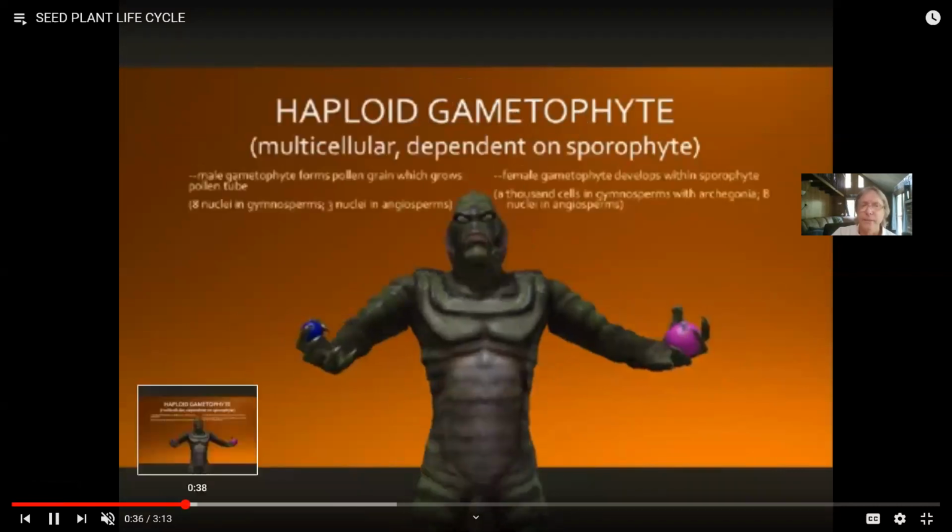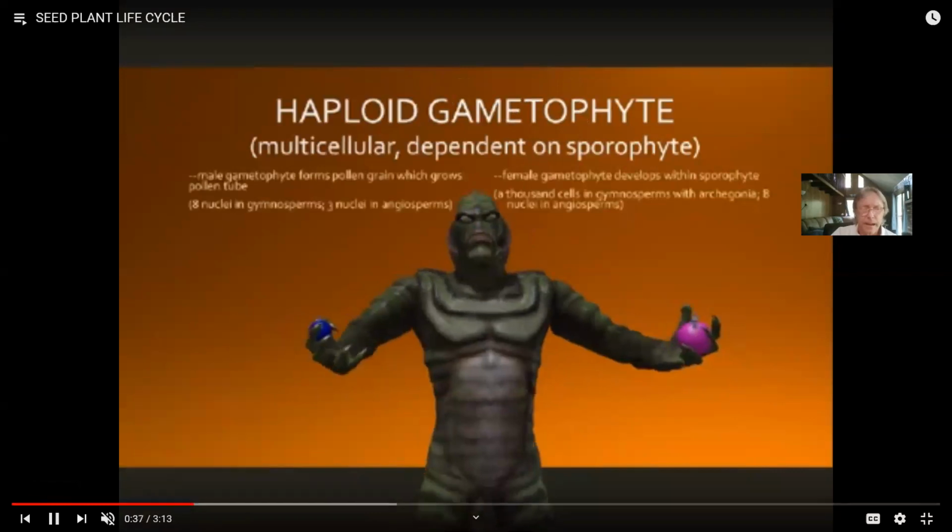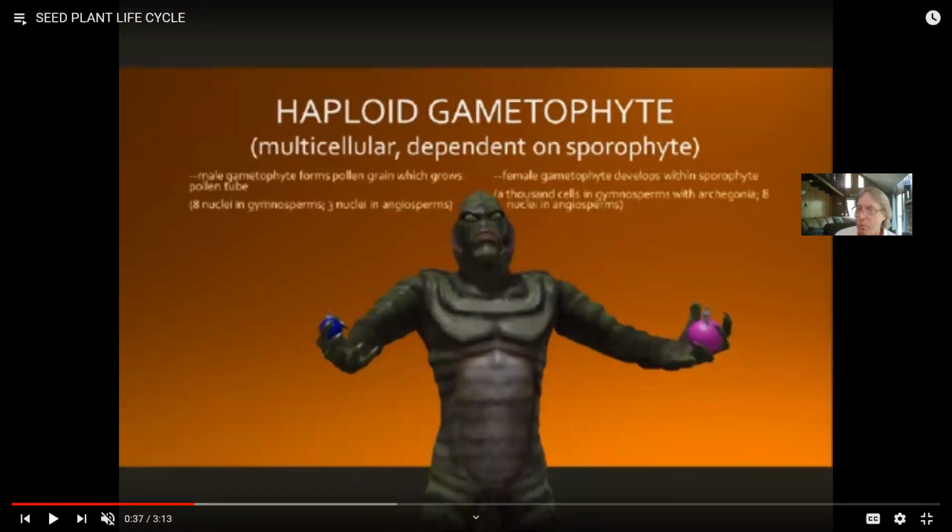and the female gametophyte. Now, these male and female gametophytes are small. So remember that prior to this, the gametophyte generation was free living. But here you have a small structure with 8 nuclei in gymnosperms, but only 3 nuclei in angiosperms if we're talking about the male gametophyte, or about 1,000 cells for the female gametophyte in gymnosperms, or 8 nuclei and 7 cells in angiosperms.